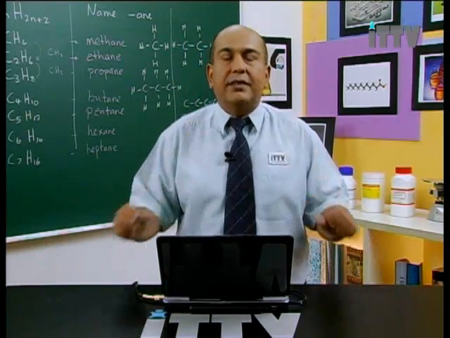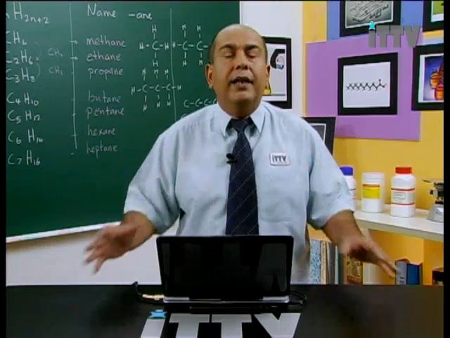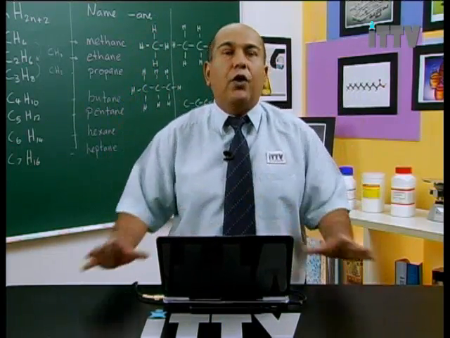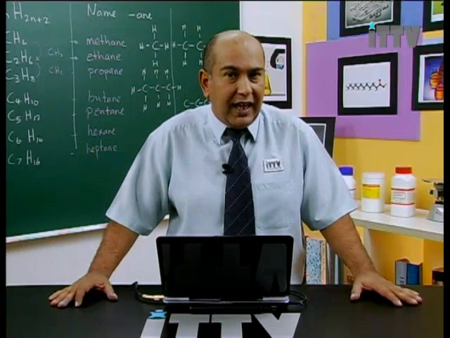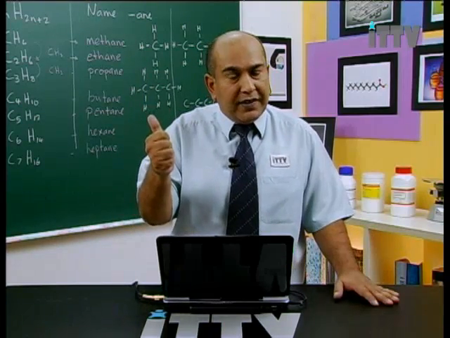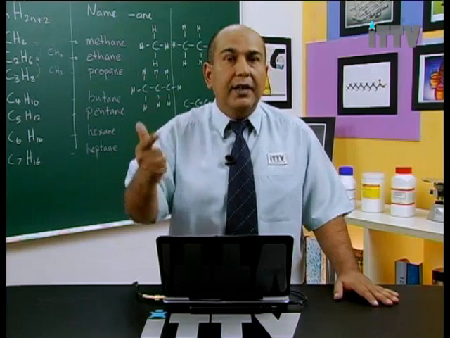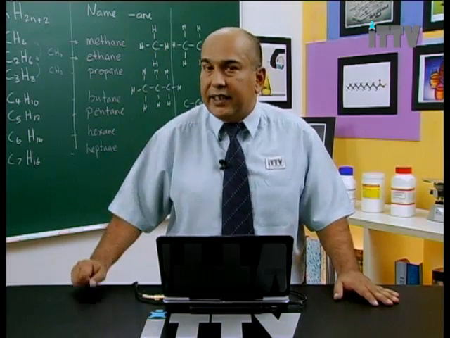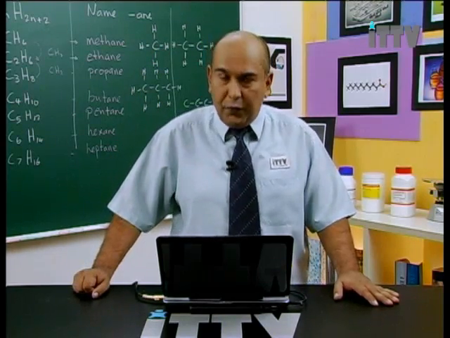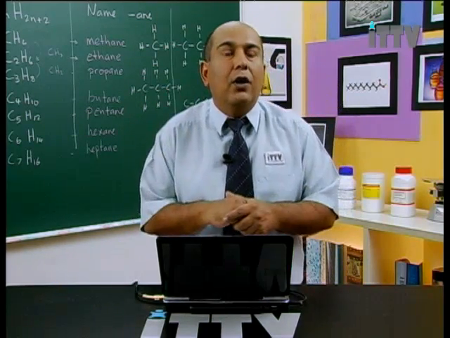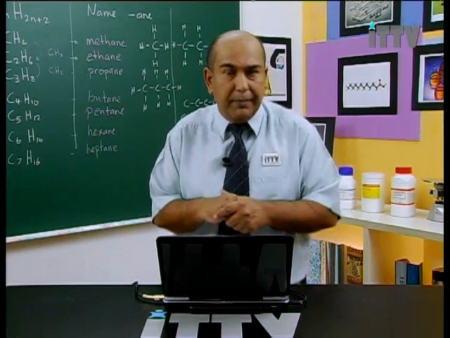And if you're asked this question in the exam, why there is an increase as we go down the group, your answer should follow what we just read on the slide. As the number of carbons increase, the force of attraction increases, and more energy is needed to overcome these forces. Let's put these three key things down on the board so that we can remember them.